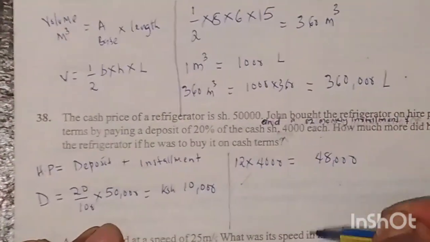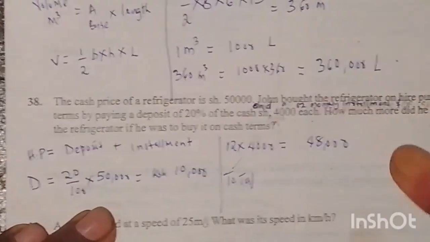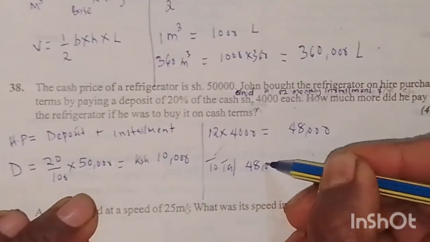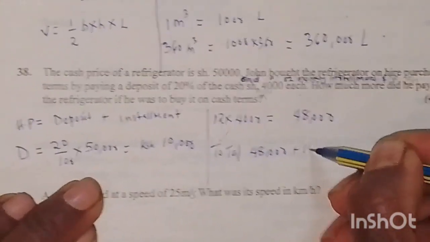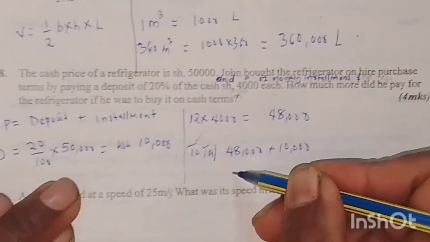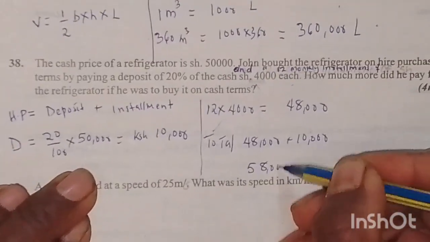Now, the total amount he paid is the installments plus the deposit, 48,000 plus the deposit of 10,000. He paid 58,000.